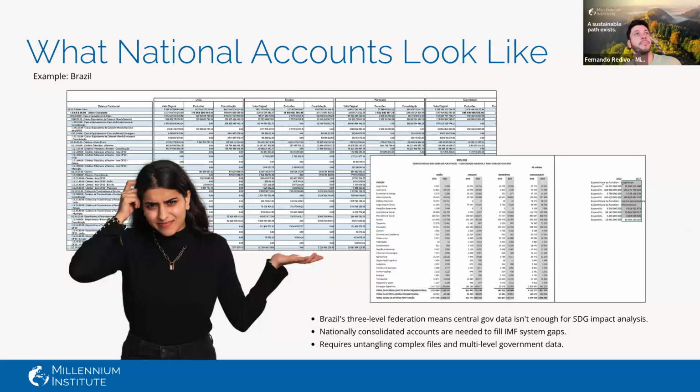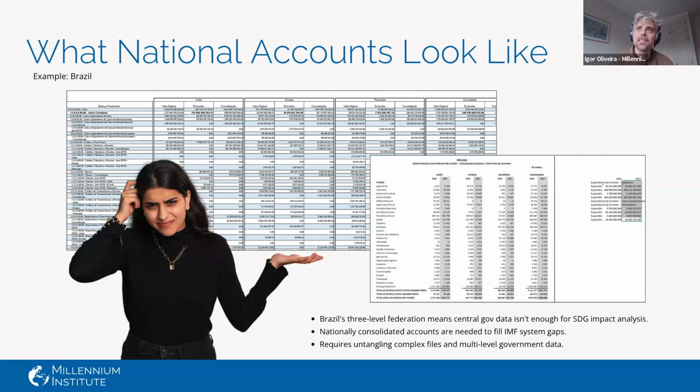Yes, here they are. So the trouble with this type of Excel sheet: well, first of all, Brazil is a 3-level federation, right? So you have municipal, state, and central government. And often the data you find that people treat as national is actually central government data. But this is, of course, wrong, right?